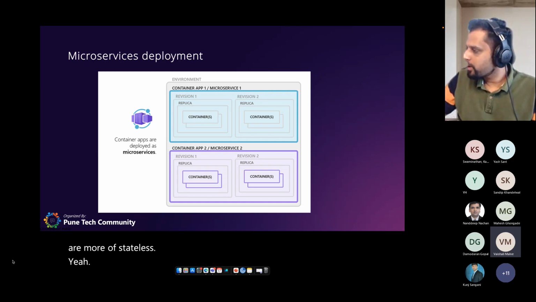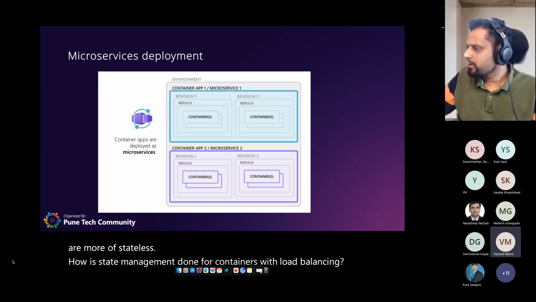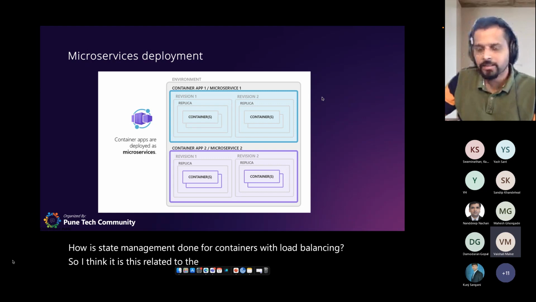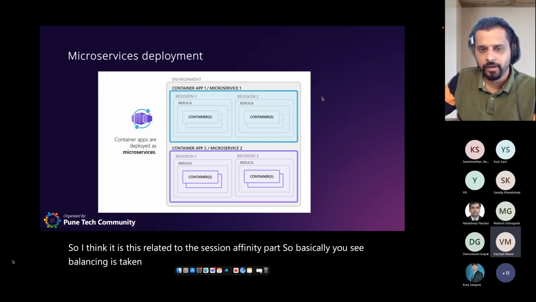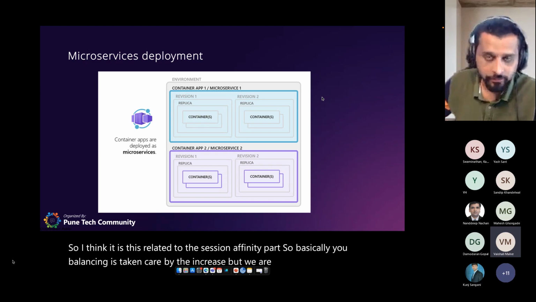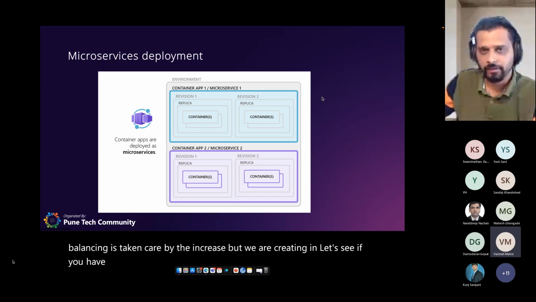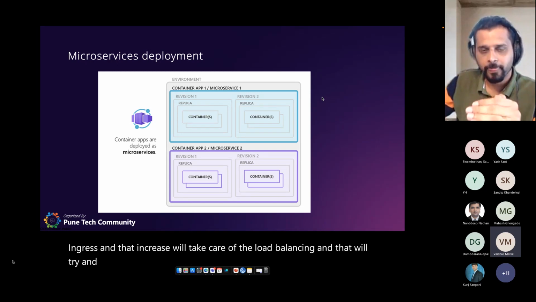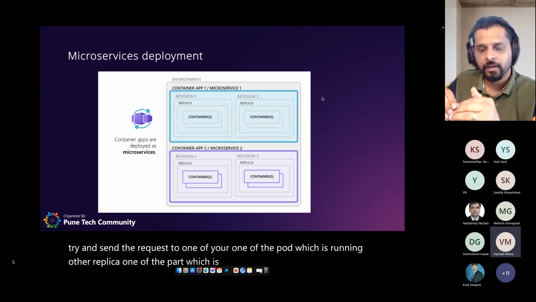How is state management done for containers with load balancing? So I think this is related to the session affinity part. So basically, see, load balancing is taken care of by the ingress that we are creating, right? Let's say you have multiple replicas of the same microservice. You will expose an ingress, and that ingress will take care of the load balancing, and will try to send the request to one of the pods which is running, one of the replicas.